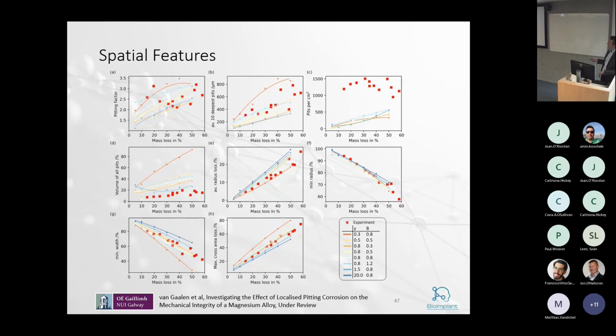And what we found is that for several of our metrics, things like minimum width, cross-sectional area loss, average radius loss, volume of all pits, our experimental values tended to overlap with these scenarios. So they tended to recreate what had happened in the experiments. The one exception to this was our pits per centimeter squared, and that was just due to a limitation in mesh size. But a lot of the other spatial features were actually being reproduced by the computational model.